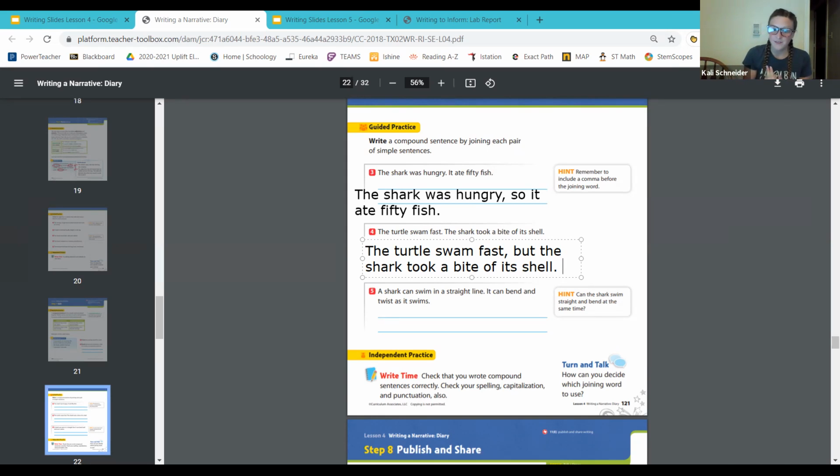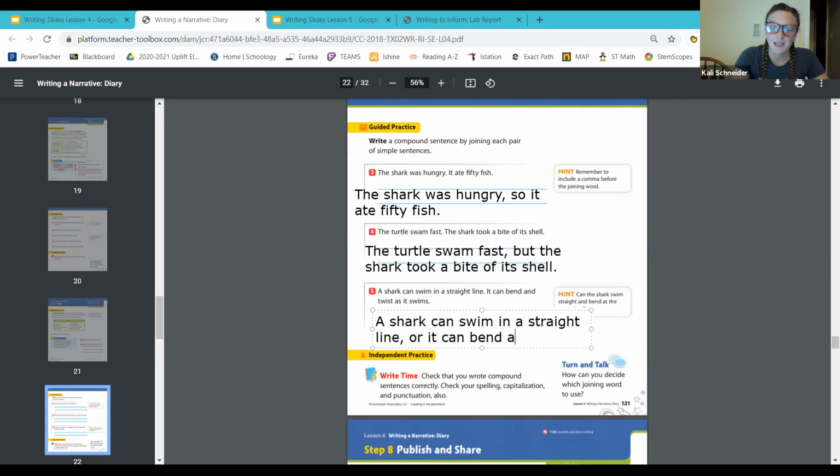So it makes more sense for us to use the word or. Please make sure you are writing with me and getting this done. So it would be: a shark can swim in a straight line, comma, or it can bend and twist as it swims.